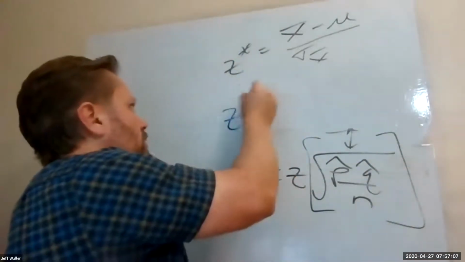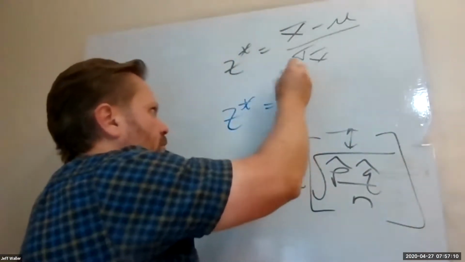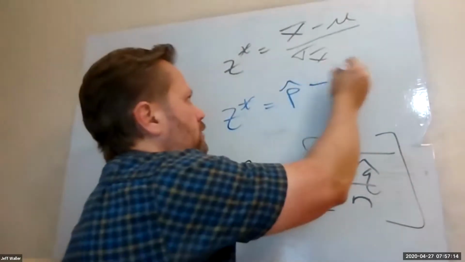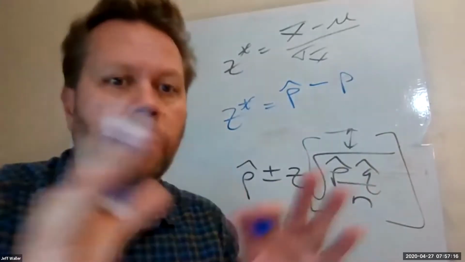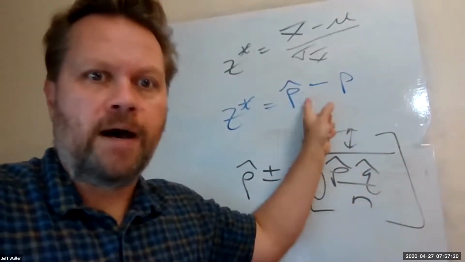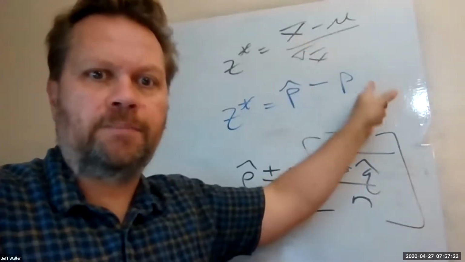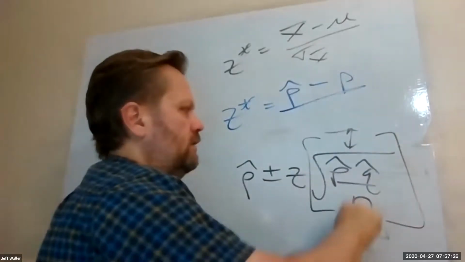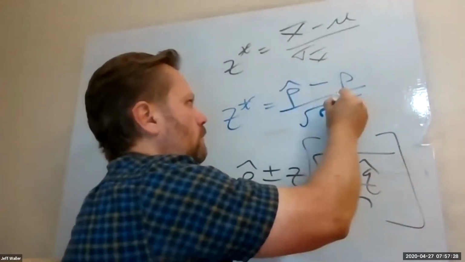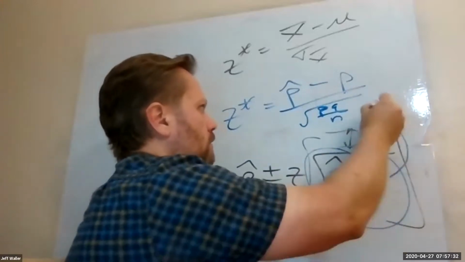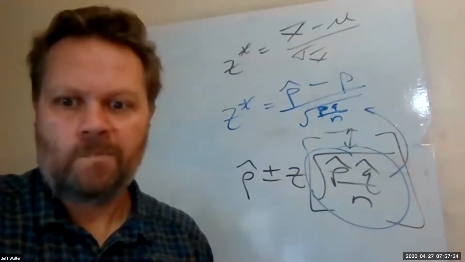I'm going to get a percentage from a sample, good old p hat, and I'm going to compare that to some claimed percentage. Somebody claims the percentage is something. So that's my data minus the supposed middle divided by the spread, which is this one. You probably can't see that, but this goes right there.